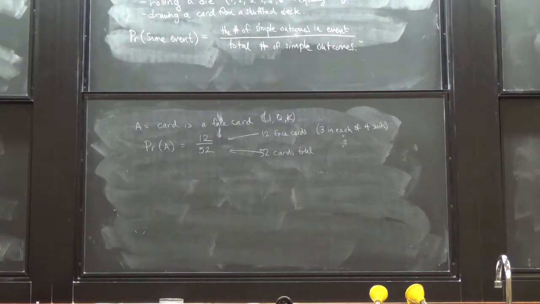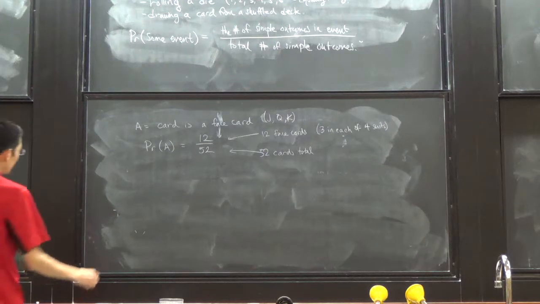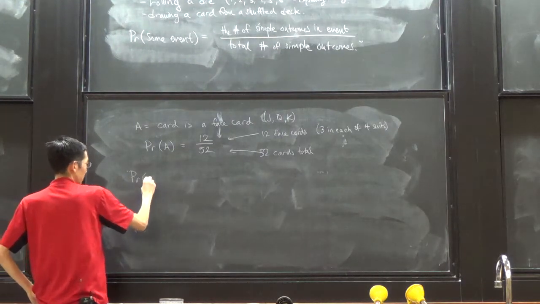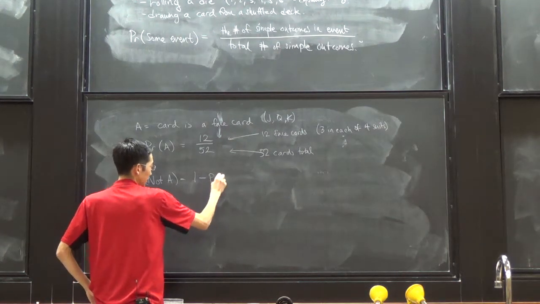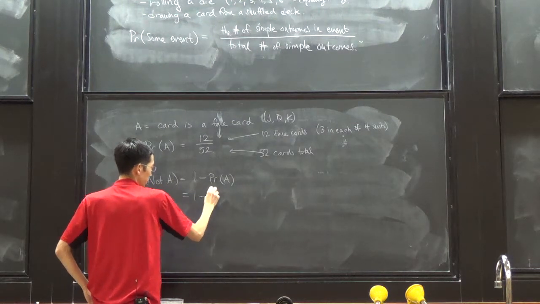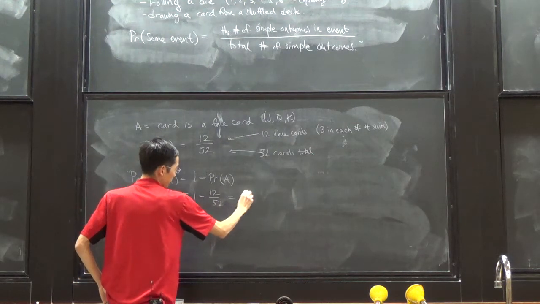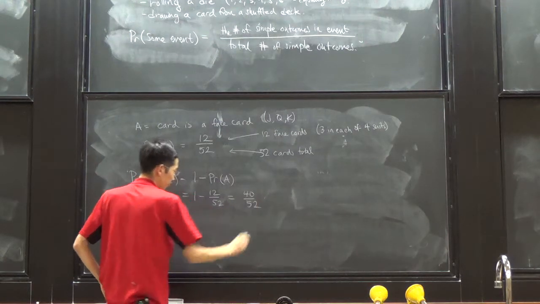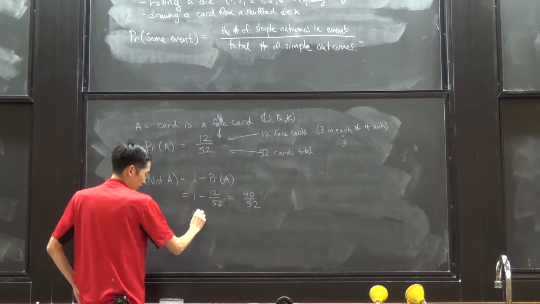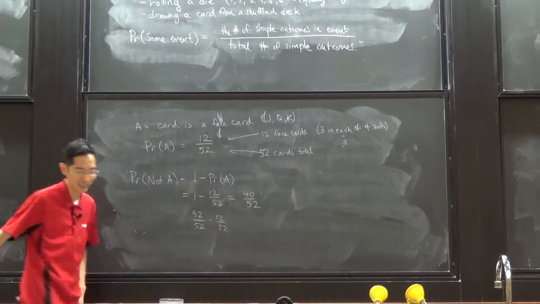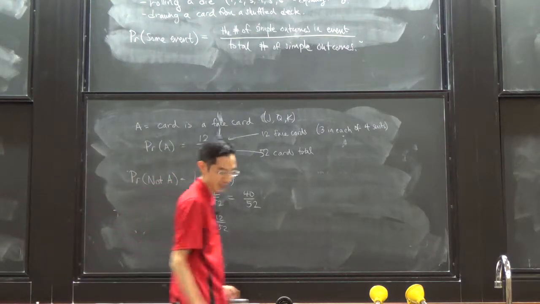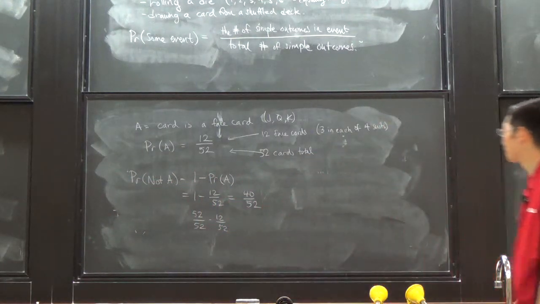What would the probability of not drawing a face card be? 40. Okay. So the probability of not A would be 1 minus the probability of A. So 1 minus 12 out of 52, which is equal to 40 out of 52. Because if we remember how to do fractions, we turn 1 into this. Alright, well, you should all know your fractions. So we have that. Okay, good.